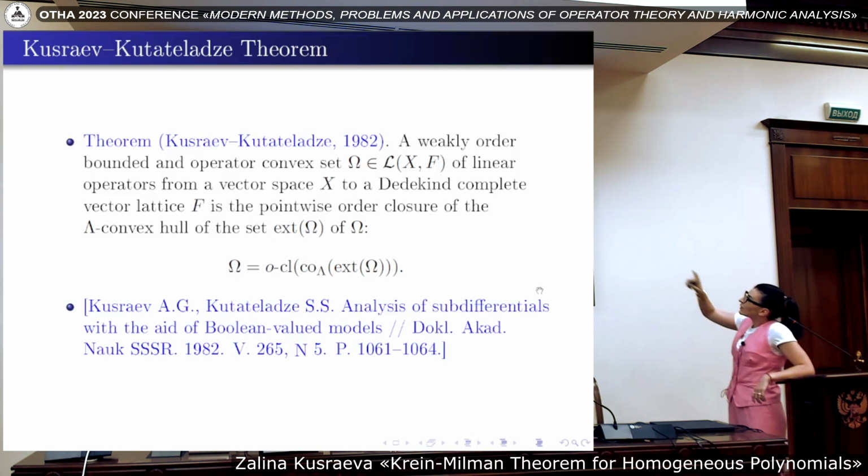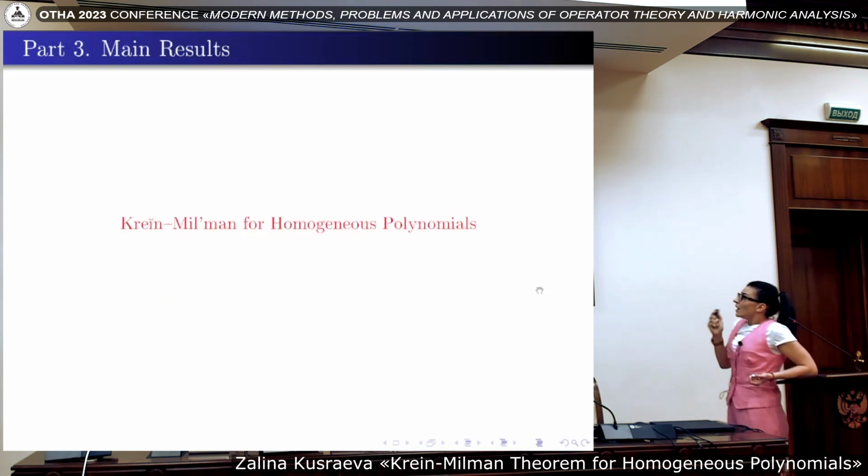But I also want to emphasize once more that the resulting space for linear operators is a vector lattice, and as far as I know, there is no result when the resulting space is not a vector lattice, because the vector order structure is essential here.